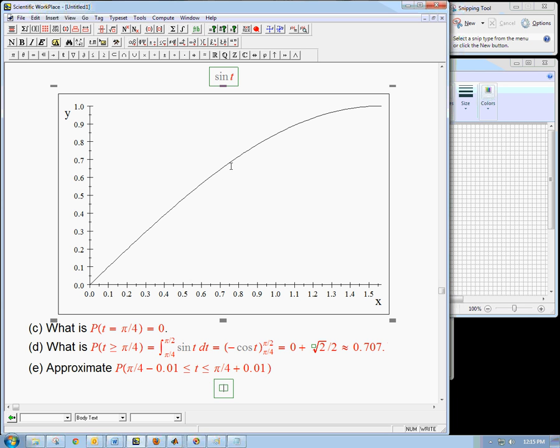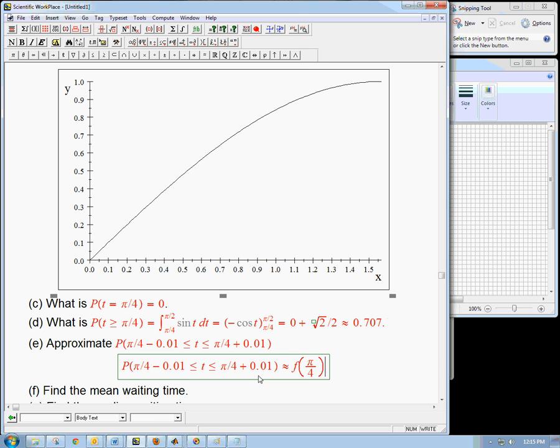And because this curve isn't drastically changing in that small region, I could approximate it by a horizontal line. This is basically doing the rectangle method, a small sliver of the rectangle method. So I'm basically drawing a little rectangle right around pi over 4, with a very small width. So this guy is approximately equal to the height times the width, and the height is f of pi over 4.